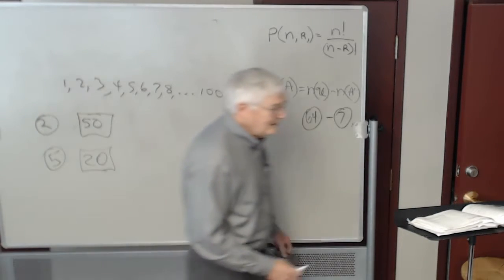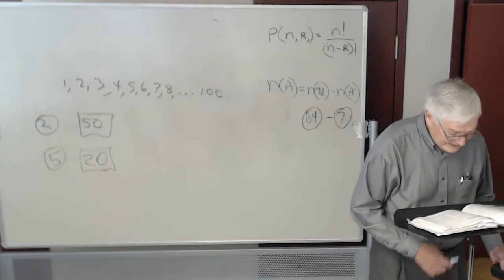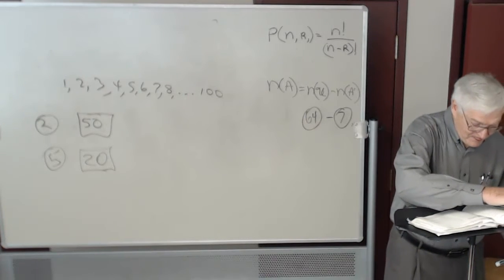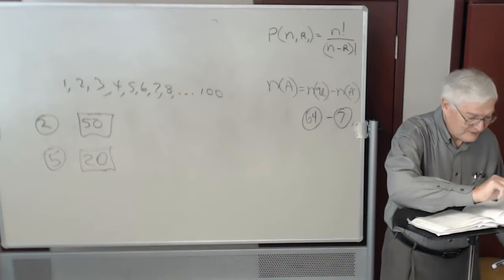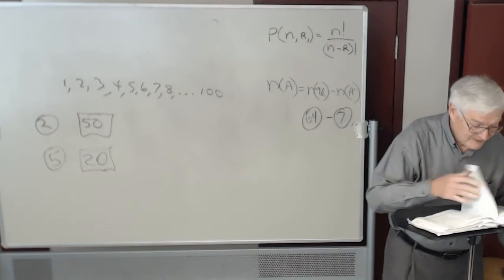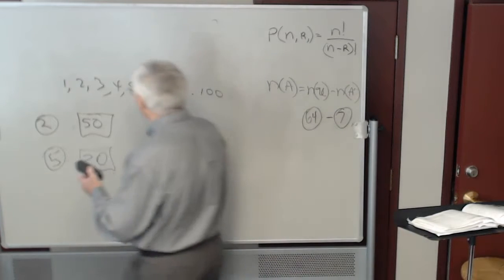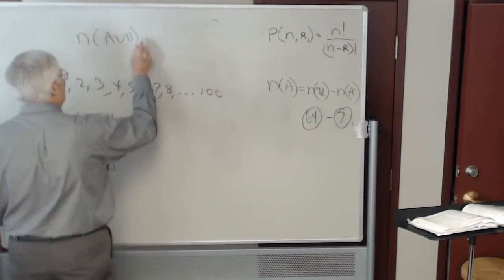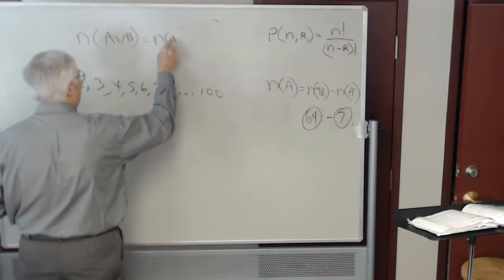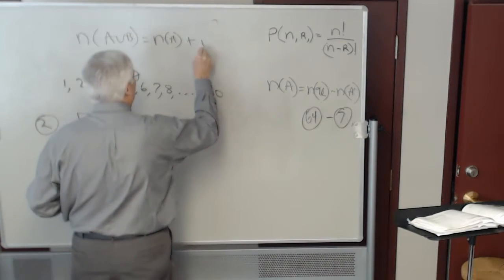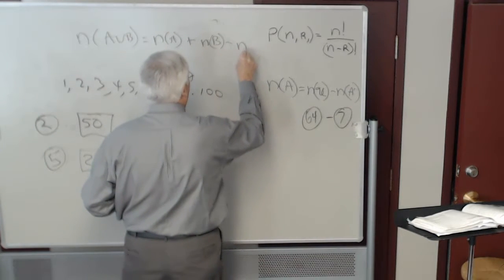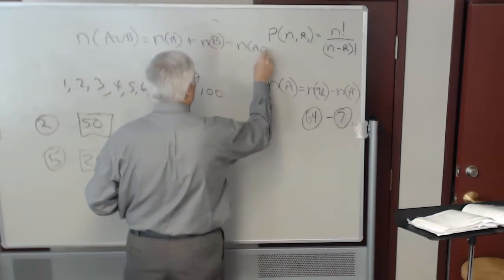Because it says, the additive counting principle on page 684: the number in A union B equals the number in A plus the number in B minus the number in A intersect B.